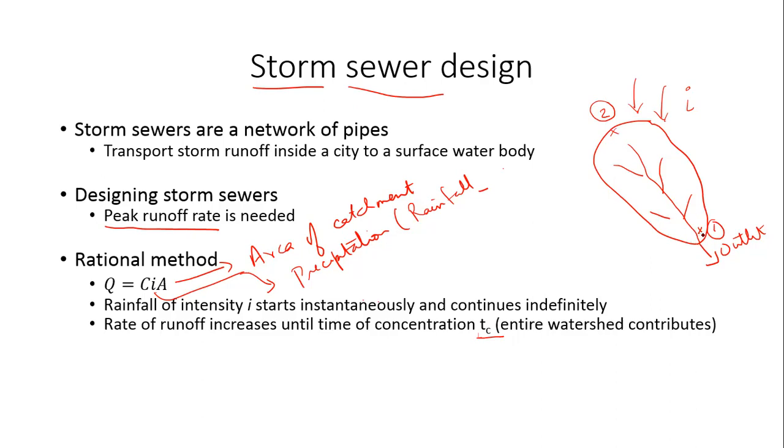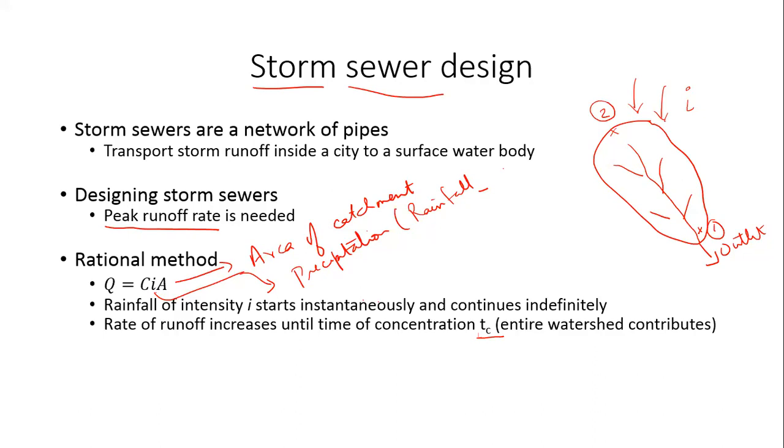But because point 1 is so close to the outlet, its runoff will reach the outlet almost immediately after rainfall starts, within a few seconds or minutes, depending on the size of this catchment. What about runoff from point 2?